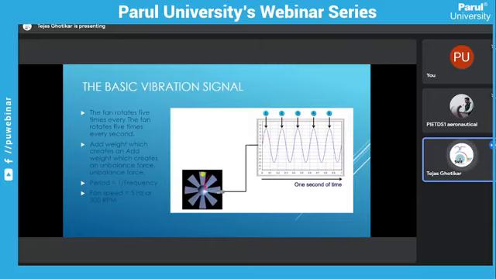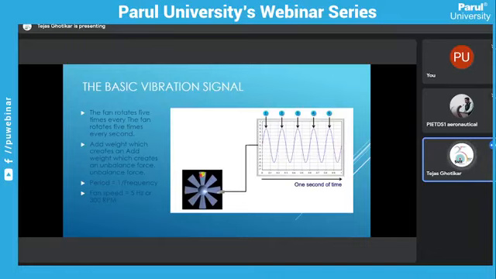If you see here, in 1 second we have 1, 2, 3, 4 and 5 oscillations. In 1 second we have 5 oscillations, meaning the fan is rotating 5 times a second, which means it is rotating at 300 rpm.